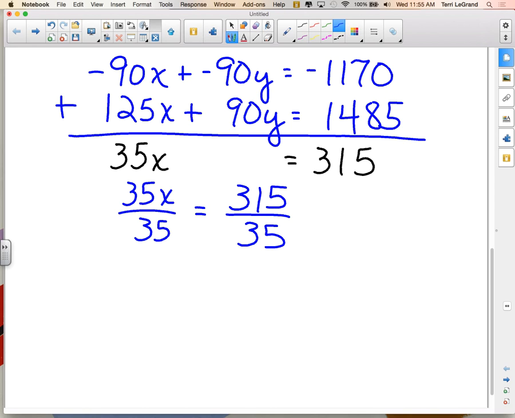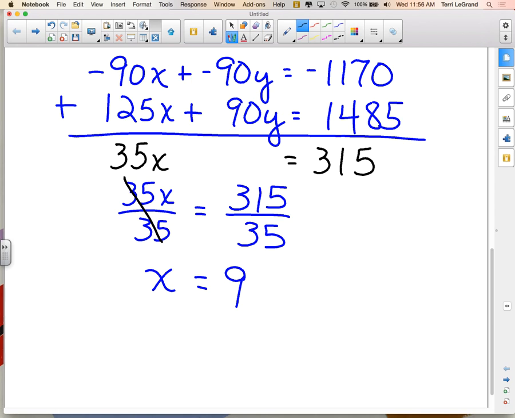Ten times 35 would be 350, and if you took 35 away from 350, that would be 315. That must be 9. Don't you wish you were a senior citizen? No. Is that what you get with your calculators? Did you get 9?